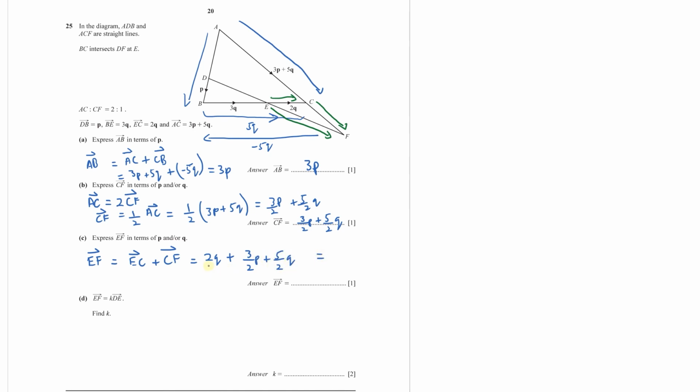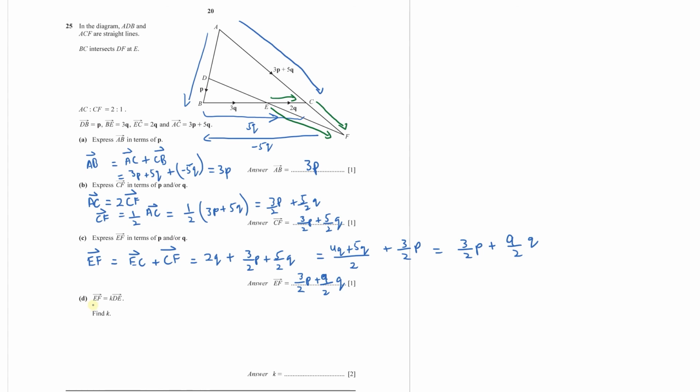I can add the terms which have the same variable Q. If I take the LCM, I get 2. So 2 times 2 would be 4Q plus 5Q plus 3 by 2P. So this would be 3 by 2P plus 9 by 2Q.